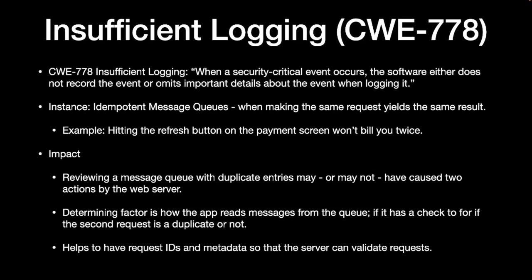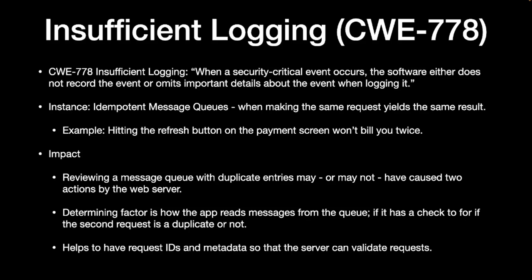Sometimes it depends on how the application is looking at this data. So you have to understand whether idempotence is followed or not. If it is, then multiple log entries may not have changed the functionality or the data in the system more than that first time.